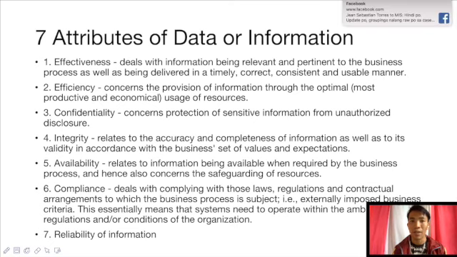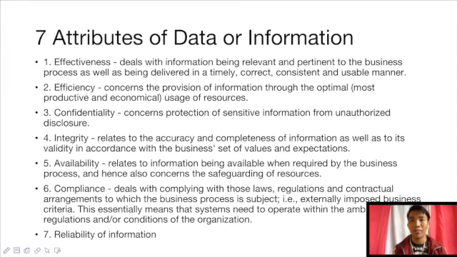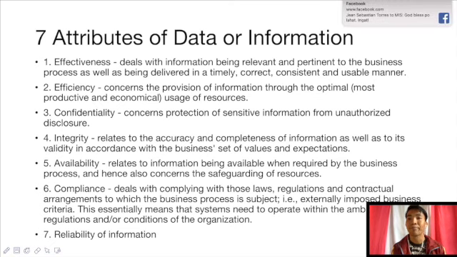Number one, effectiveness, which deals more with information being relevant to the need, pertinent to the organizational processes, whether it's delivered timely, correct, consistent, and in a usable manner. Hence, number one alone is a very big challenge, especially considering standards.